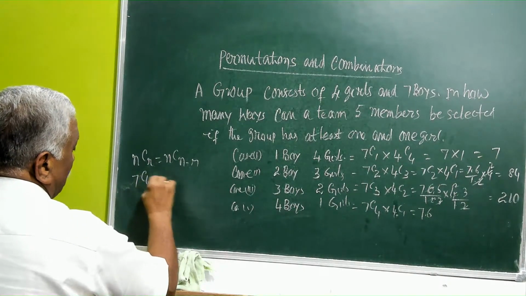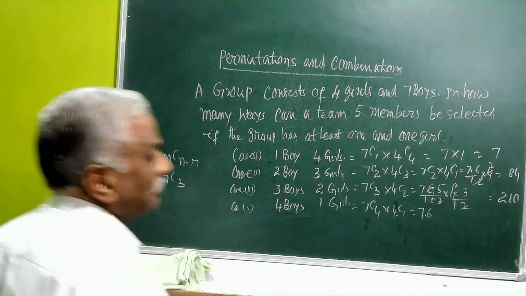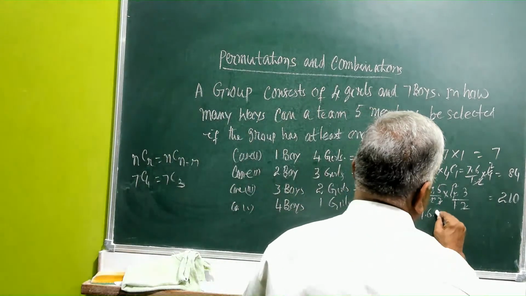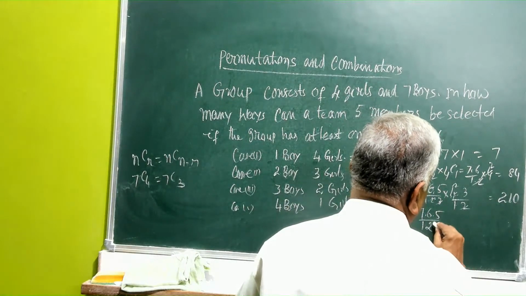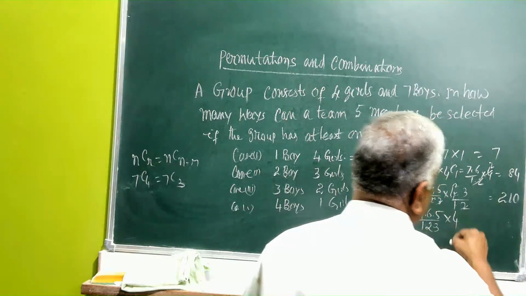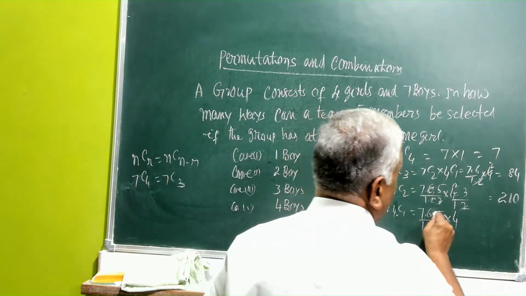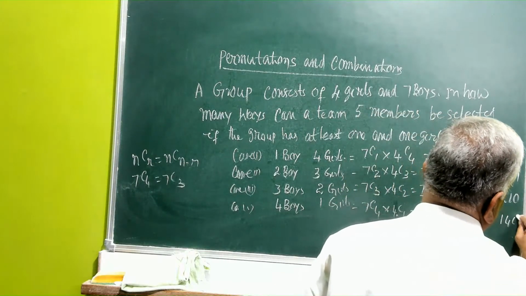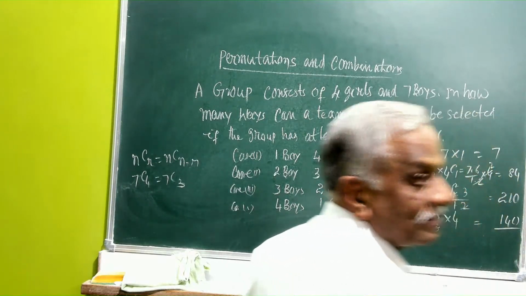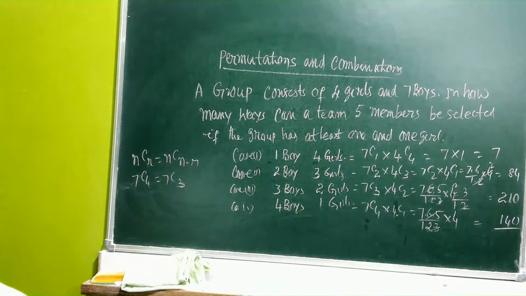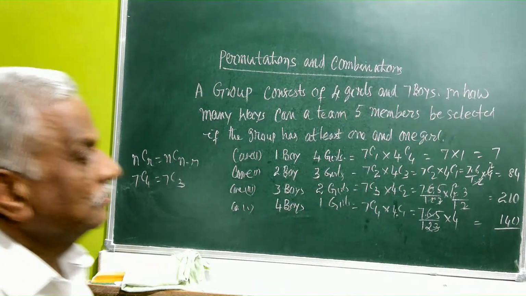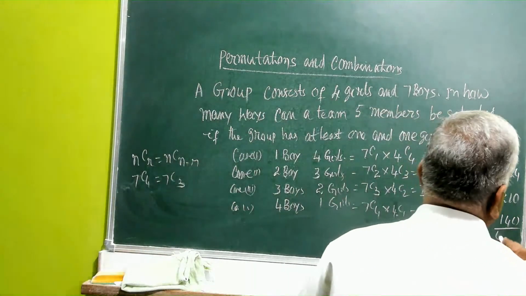So 7C4 is equal to 7C3, 7 into 6 into 5 by 1 into 2 into 3. And 4C1 is 4. So this is 140. You add up all that. When you add up all that, how much do you get? So you get 441.